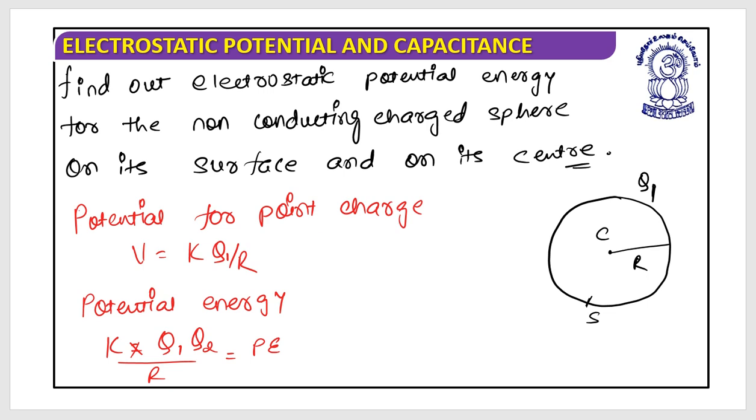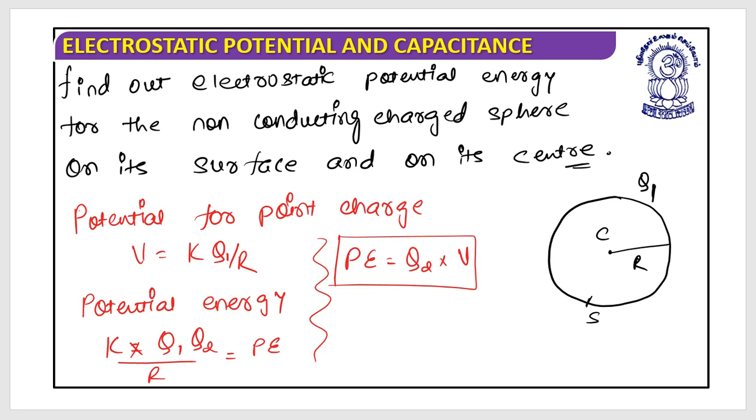If I observe these two very carefully, can I write that potential energy is equal to q2 multiplied by potential? Potential energy is equal to q2 multiplied by voltage. May I? Yes. Can I take this freedom? Yes, it is the same thing.